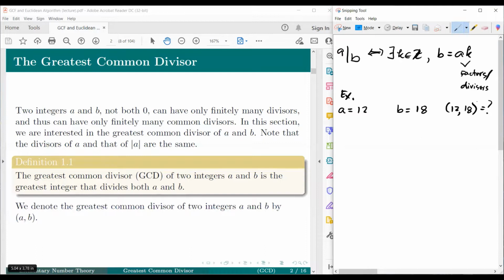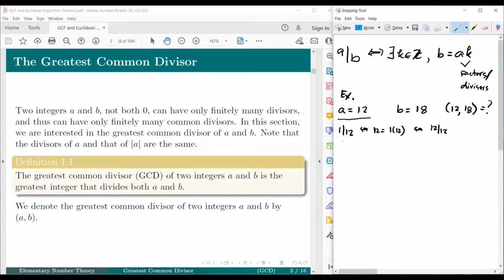Let's first get the divisors of 12. So for 12, we can have 1 divides 12. Why? Because we can write 12 equals 1 times 12, right? From this equation, we can say that 12 divides 12.